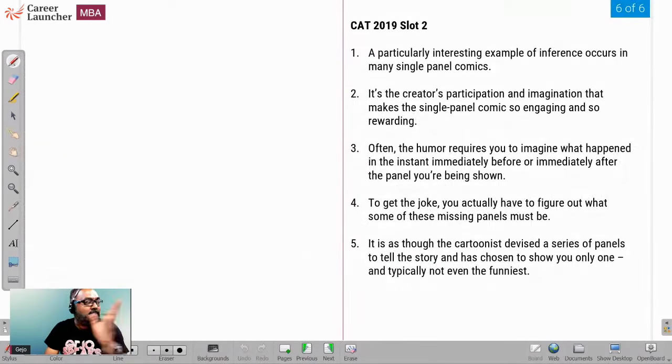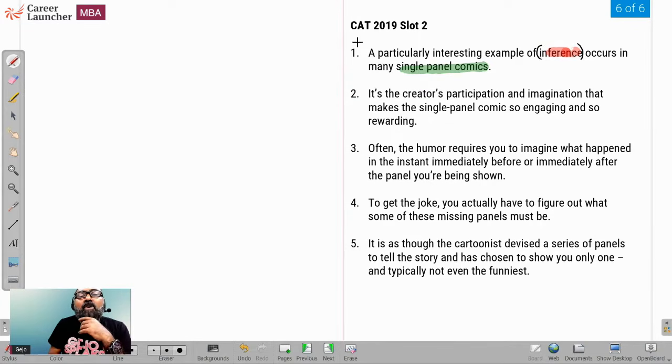We go to the last one. Okay. A particularly interesting example of inference occurs in many single panel comics. Okay, so we have inference as the word. So you've got this word inference occurs in single panel comics.